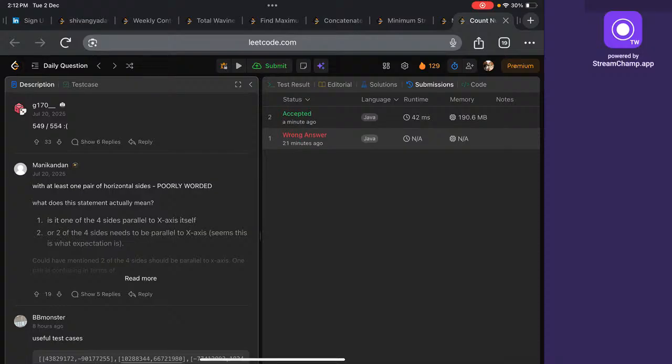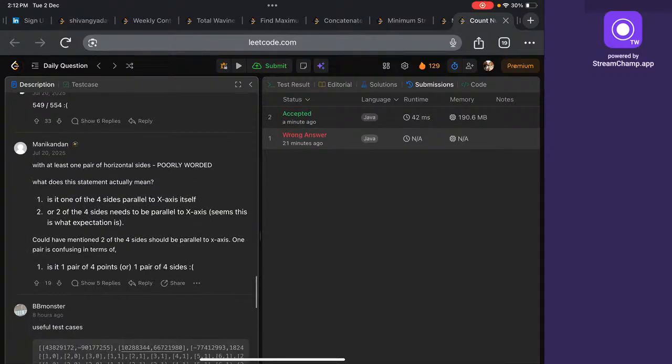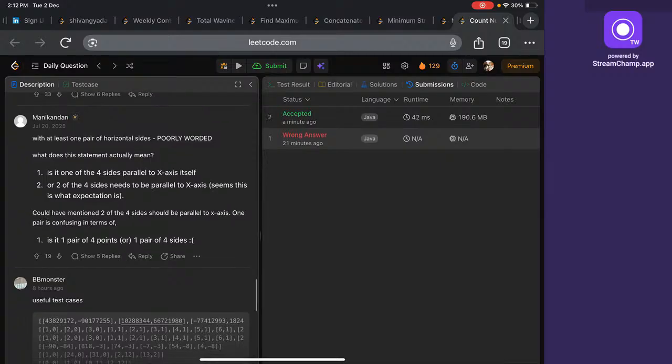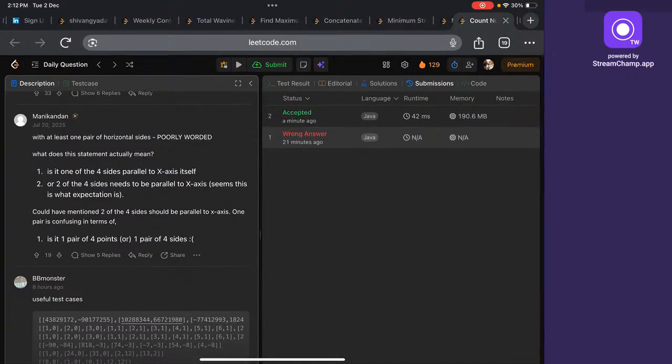Okay, it is one of the four sides parallel to the x-axis. At least one pair, poorly worded. This guy is telling with at least one pair of horizontal sides, poorly worded.